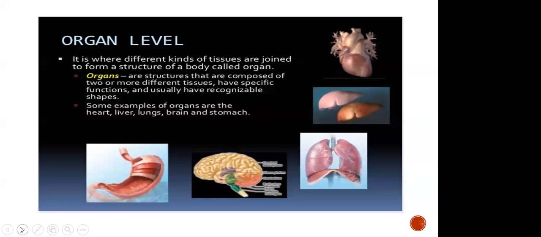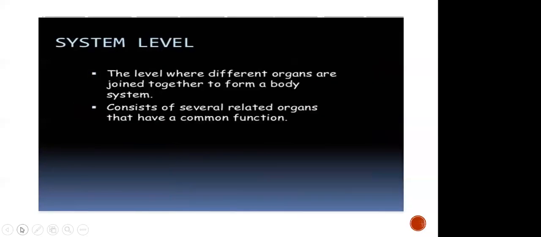After organ level, let us see systems. What are the systems which are present in living organisms, especially in human beings? System level. The level where different organs are joined together to form a body system, consisting of several related organs that have a common function.